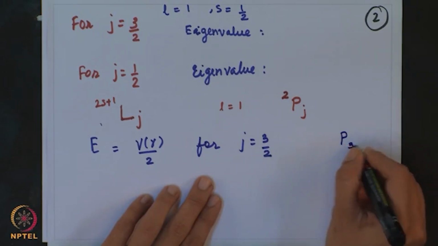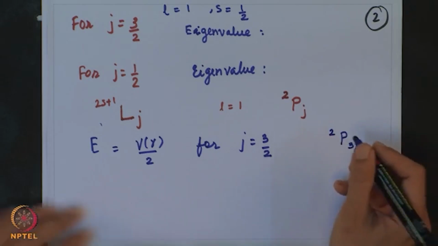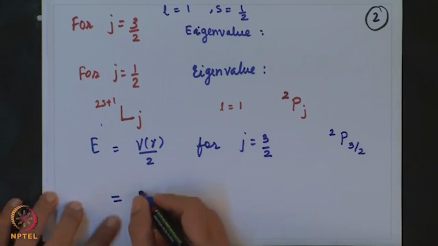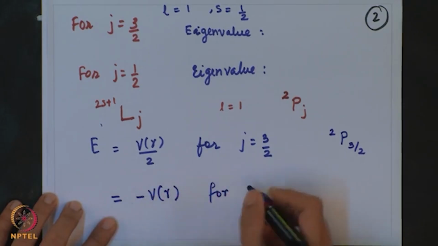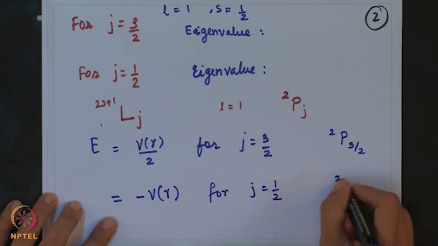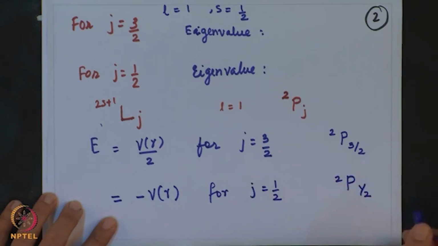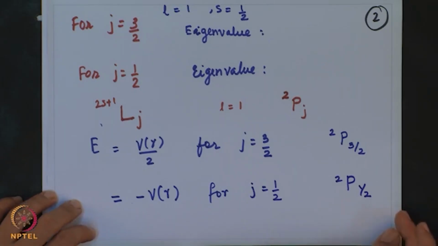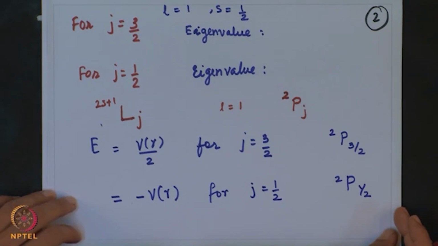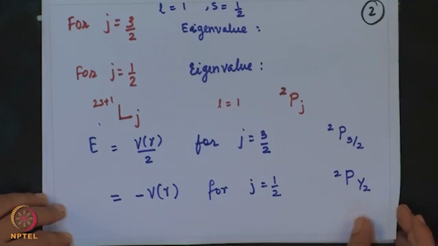I will write this as P 3 by 2. This you might all be knowing, and this will be V(r) for J equal to half. So, the corresponding spectral notation would be this, alright. So, this is what you are supposed to evaluate. You can also calculate the wave function and things like that on your own.